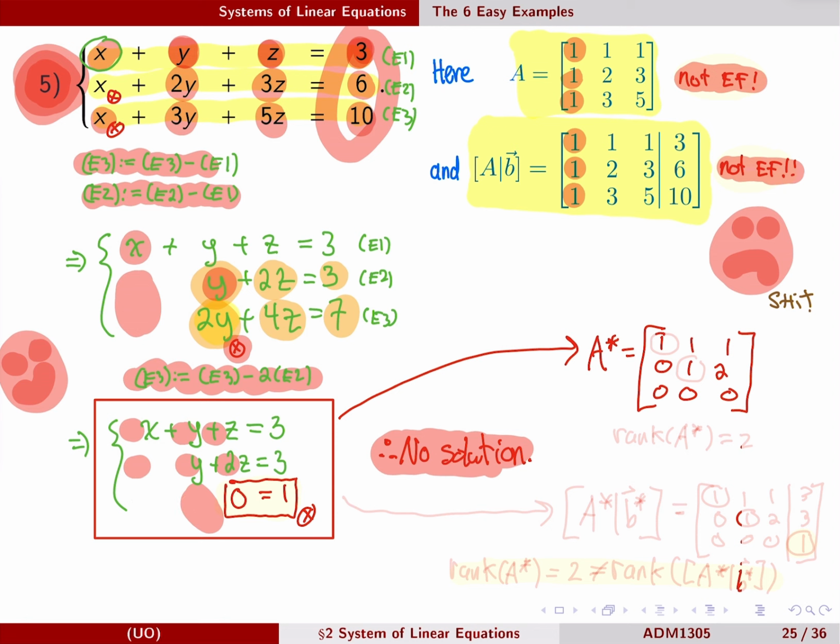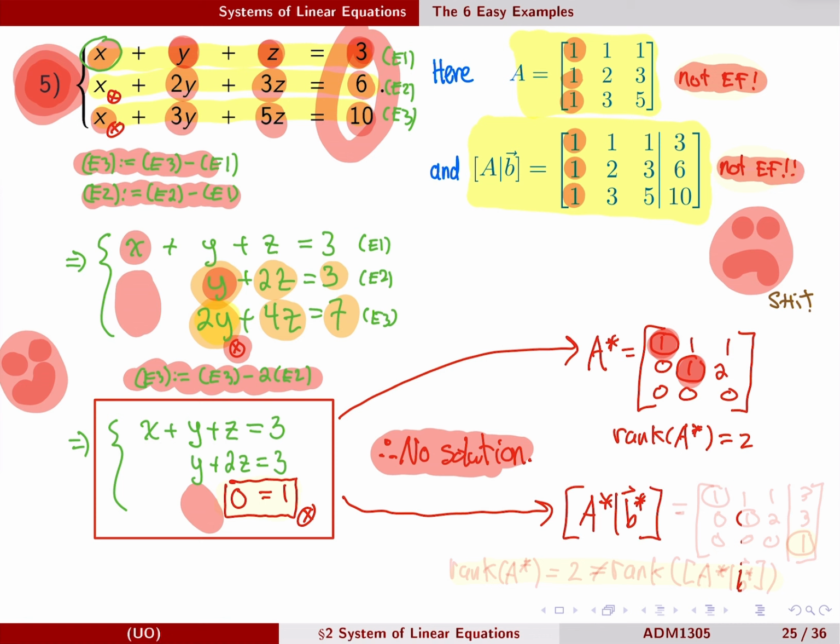And that matrix is in echelon form. And the rank of that matrix is actually equal to 2. We have 2 pivots.